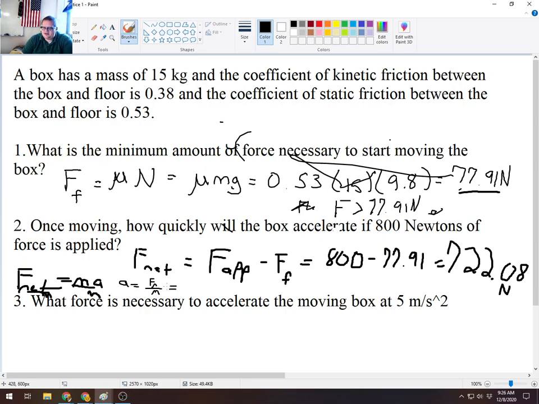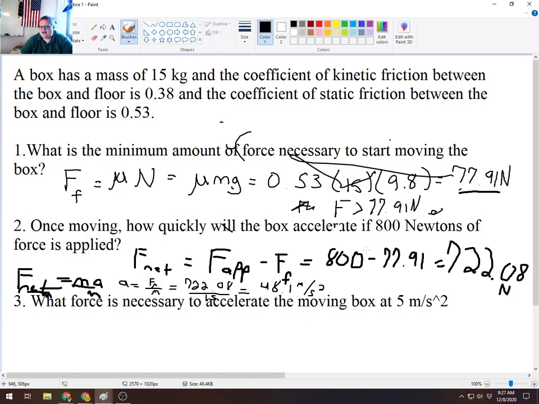So in this case, that would be 722.08 divided by 15 kilograms, which was our mass. 722.08 divided by 15, I get an acceleration of 48.1 meters per second squared, which is a huge acceleration. So this is probably not very realistic, but that's what I got. And again, I'm sorry if you can't read that, but it says 48.1 meters per second squared.